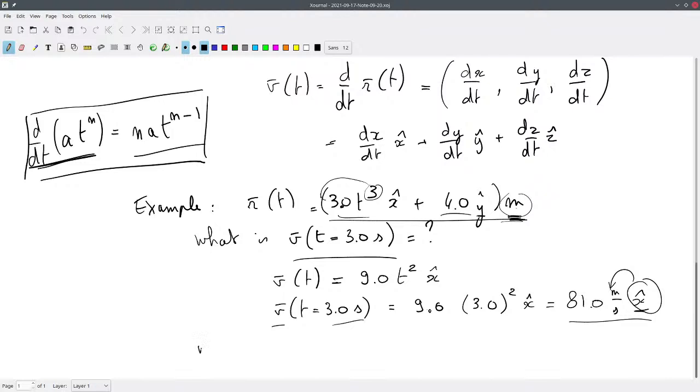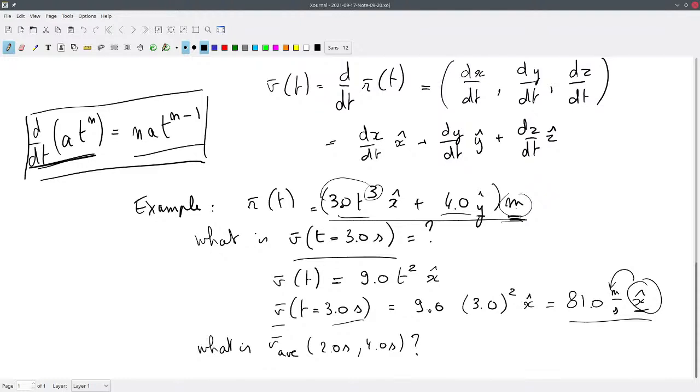How does that compare to our average? This is our instantaneous velocity. So how does that compare to our average velocity between 2.0 seconds and 4.0 seconds? There's two ways we can go about that.